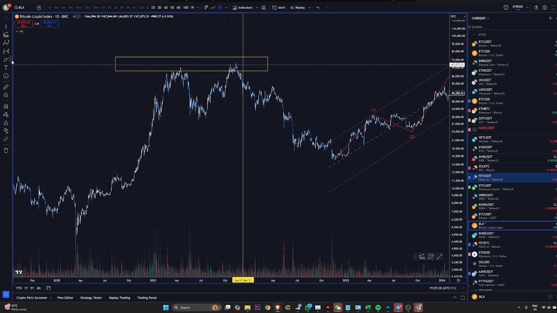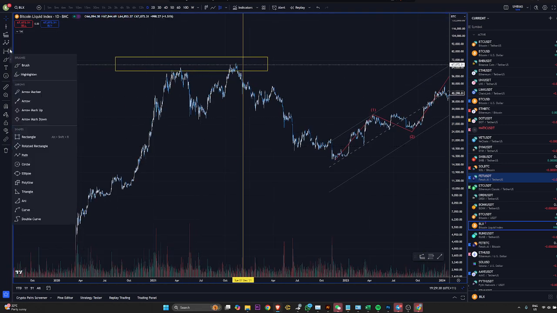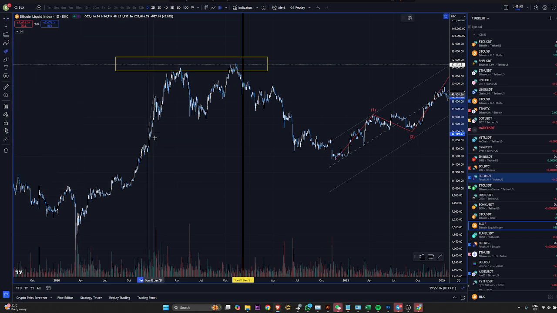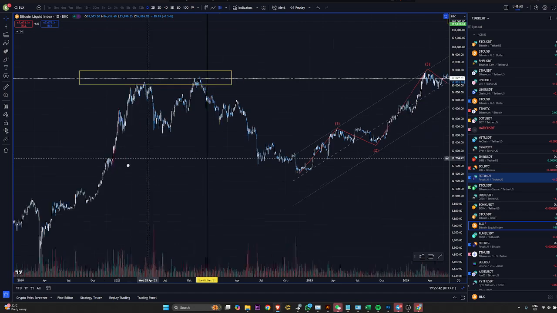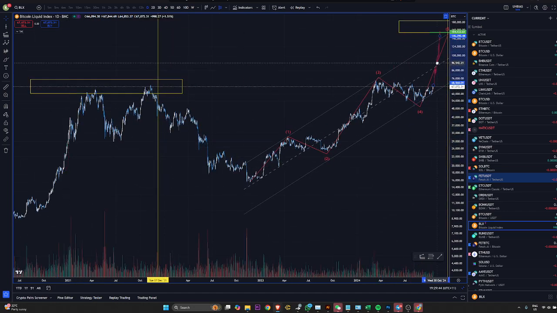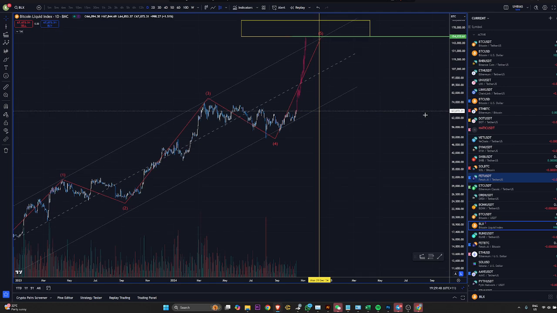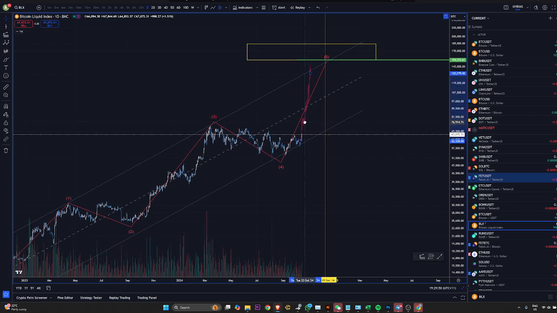I'll make an example here by projecting a fractal, which is not completely relevant to this cycle. However, it shows that it is possible to be approaching the all-time high with an extremely vertical angle, as you can see here, right?